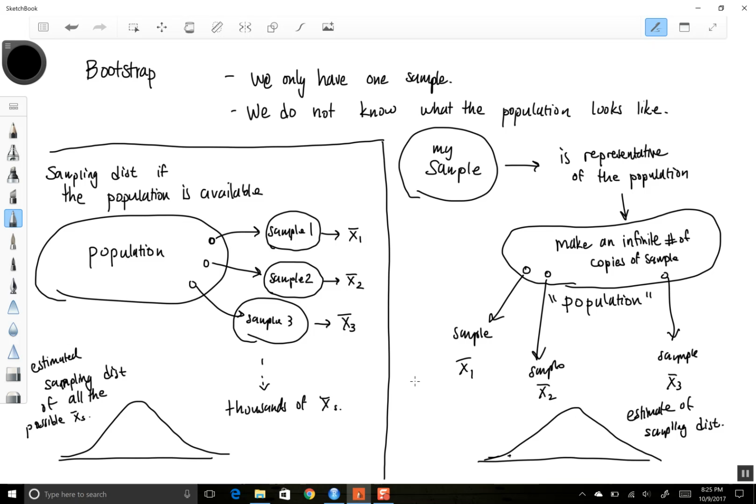But it could be useful in giving us an estimate of the standard error, unless our sample is really crazy and not representative of the population. Again, this is the heroic assumption that we're making here. So this will be bad for estimates of the mean.